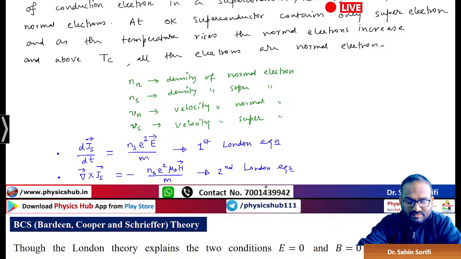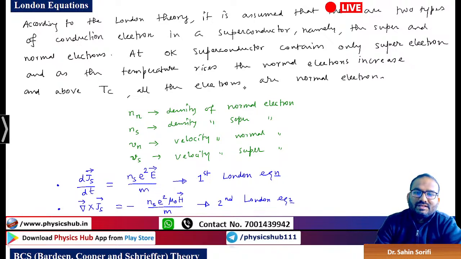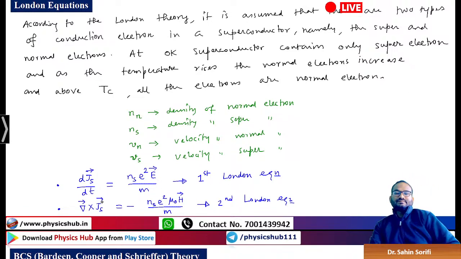H is the normal magnetic field. There is nothing like normal or superconductor magnetic field. Only the electron may be super electron or normal electron. Other than that, everything is the same. Look, Js is associated to the electron current density, so it is related to the electron movement.